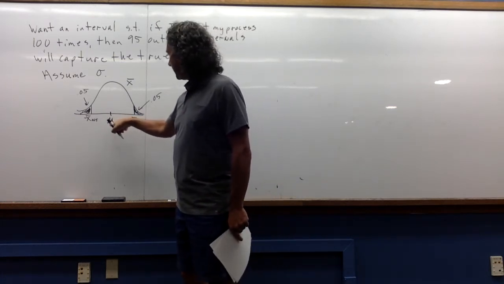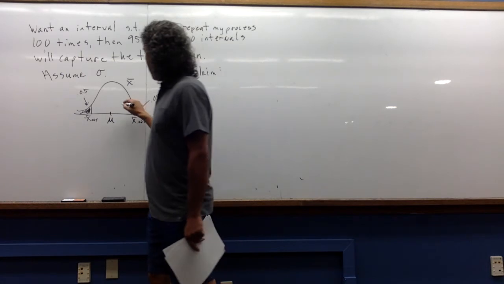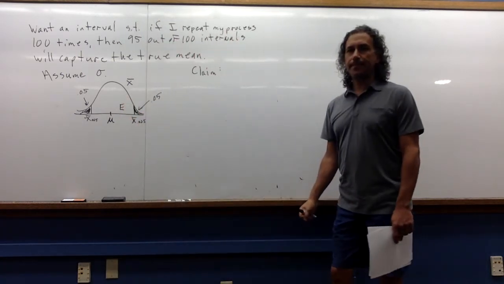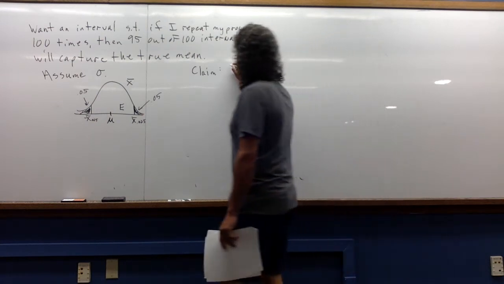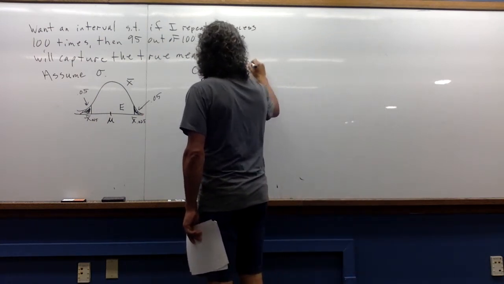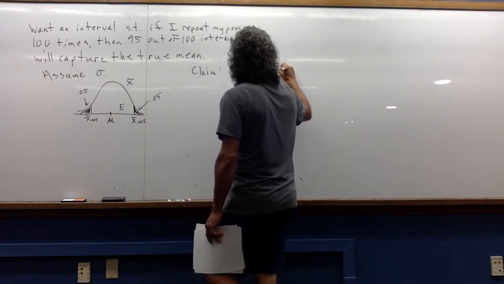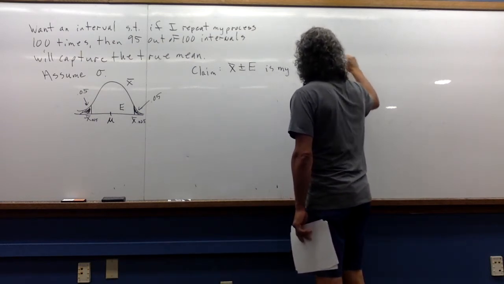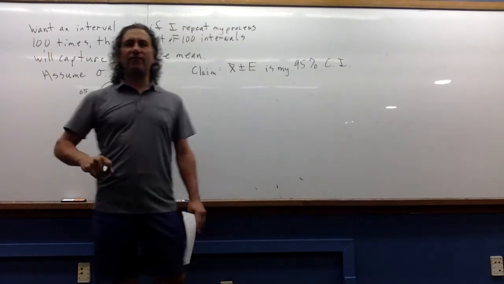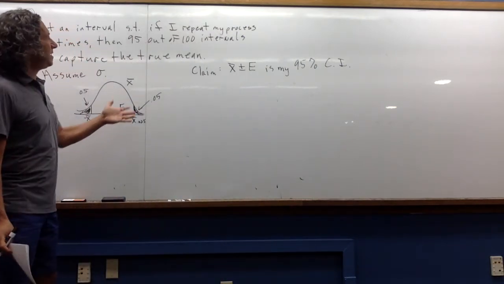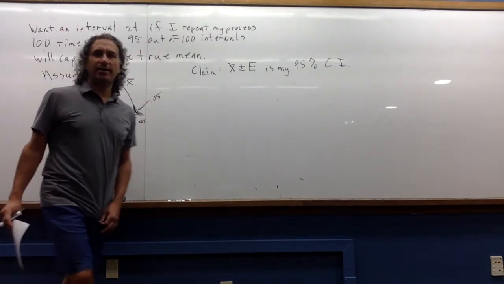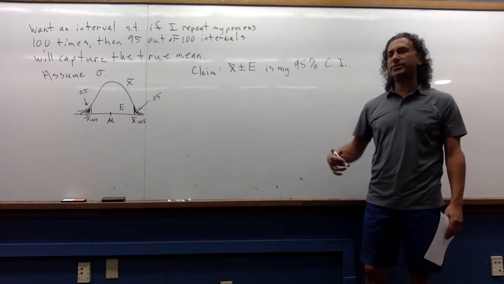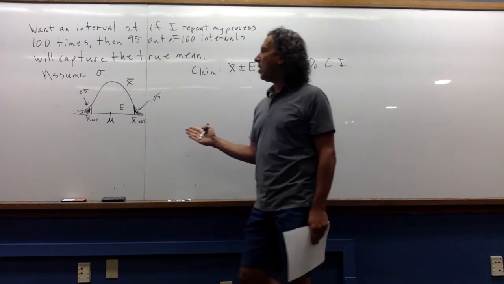I want to call the distance from here to here E. So I claim that x bar plus or minus E is my 95% confidence interval. So when I'm saying my 95% confidence interval, I'm talking about an interval constructed in such a way so that if I repeat the process 100 times, 95 of them will capture the true mean.